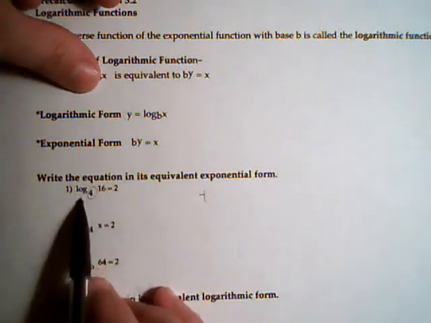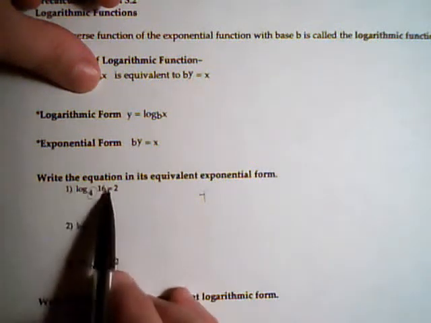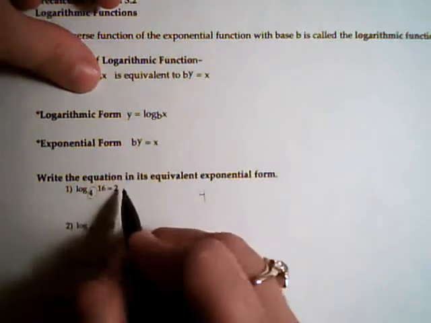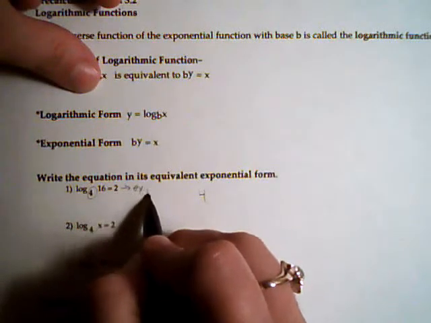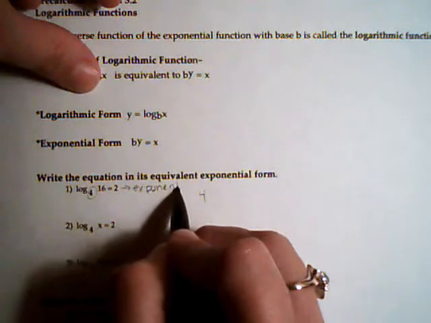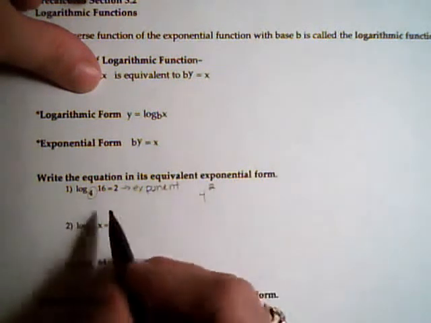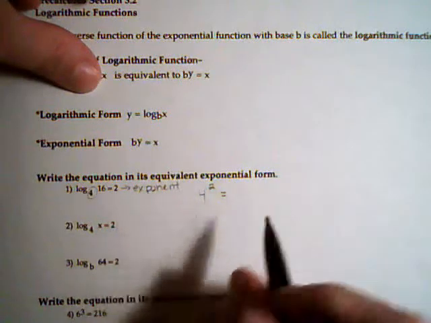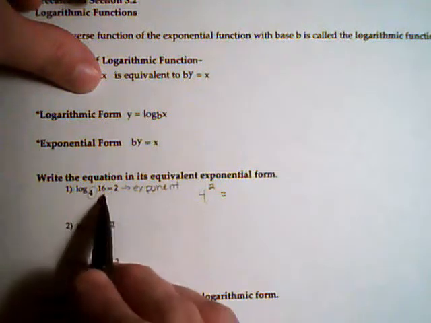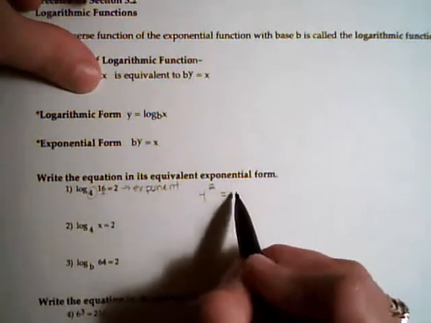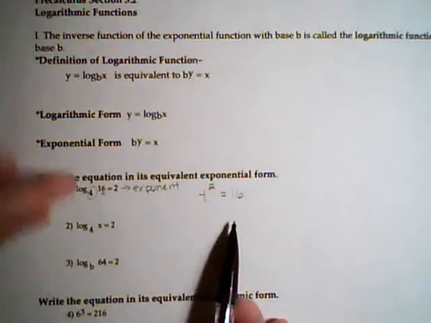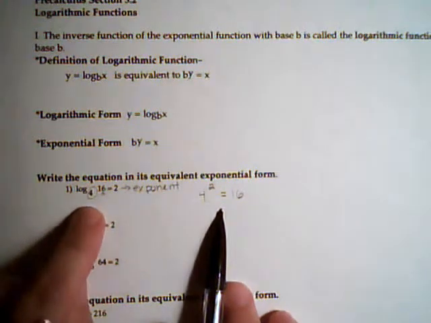Whatever your logarithm is equal to will always be your exponent in your exponential form. So 4 to the second power will always equal your argument, 16.